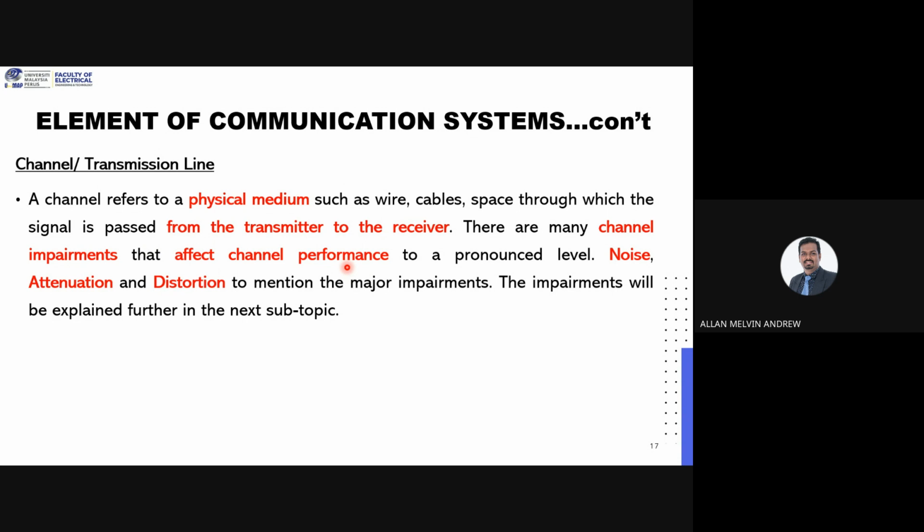So maybe there can be a loss in between. So all these can affect the channel performance. So noise and attenuation and also distortion are to be mentioned as major impairments in the communication system. The impairments will be explained further in the next subtopic, as I will explain later.